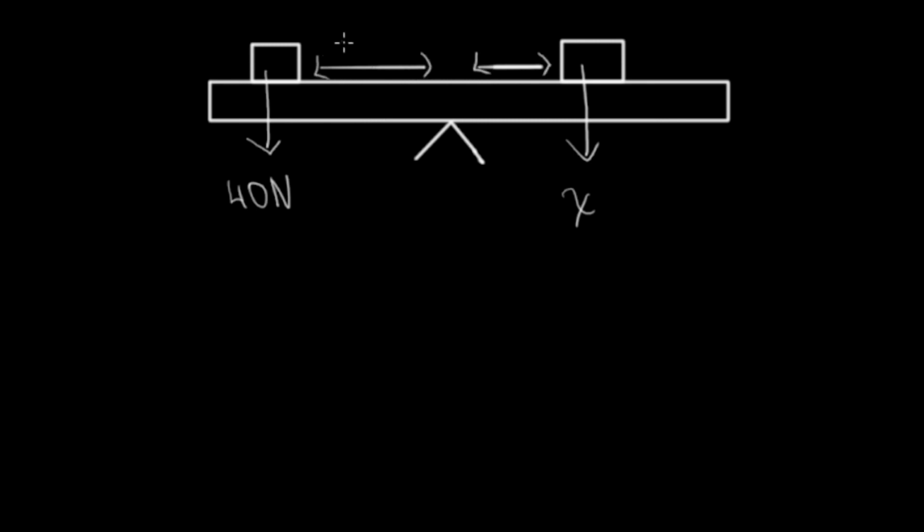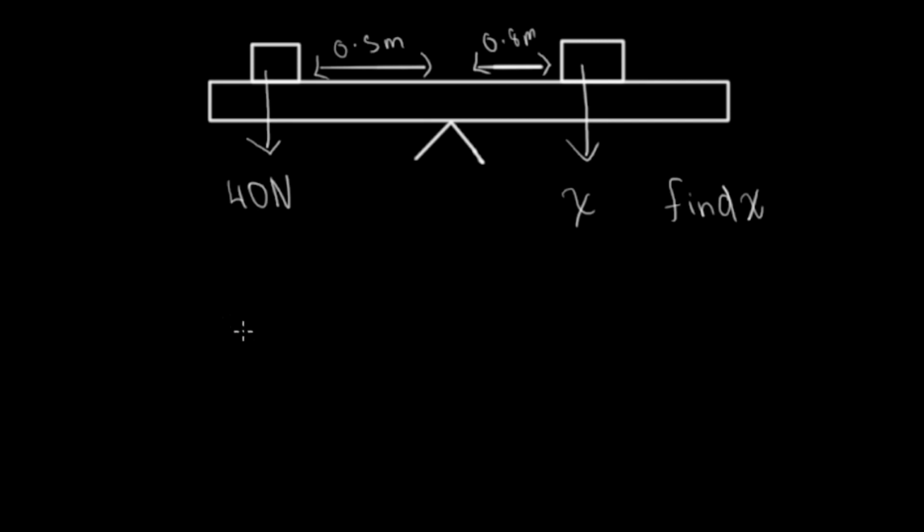We can see this has a distance of 0.5 meters and this has a distance of 0.8 meters, but it's not drawn to scale, so it's okay. Anyways, it tells us to find X. Now, what do you think we will do? That's what I will explain today.